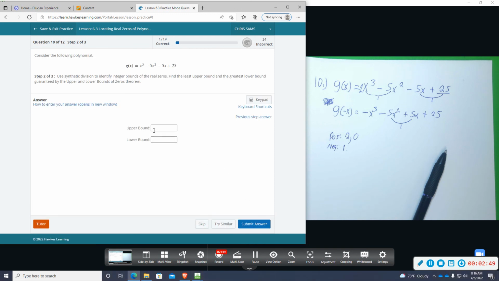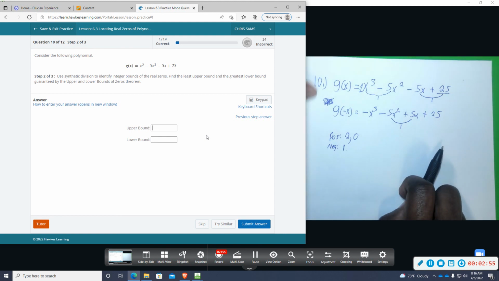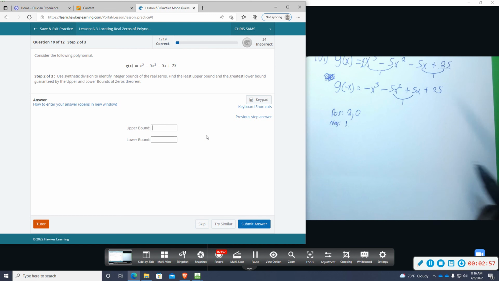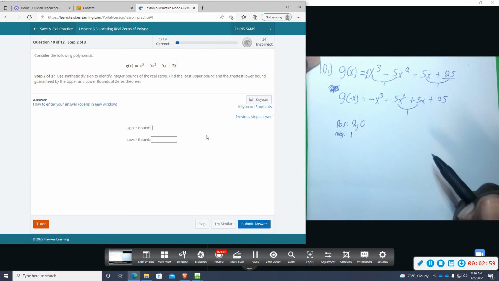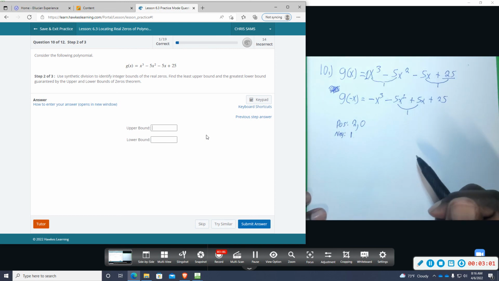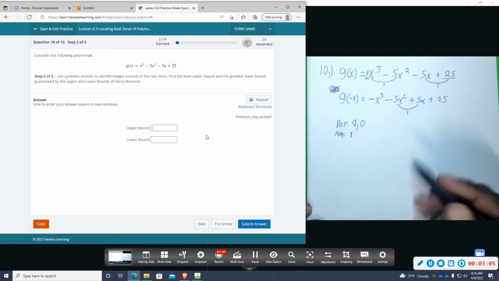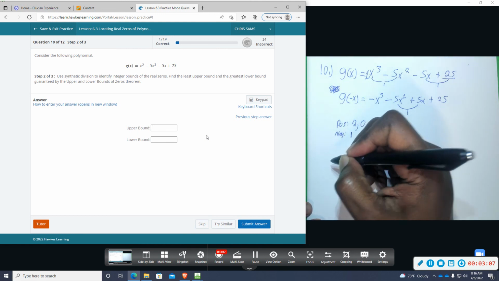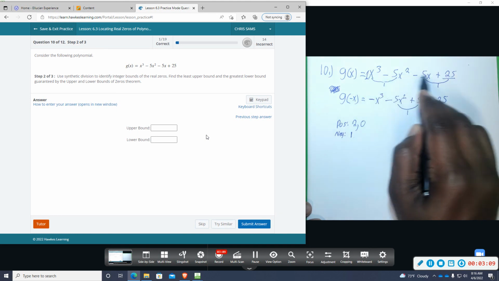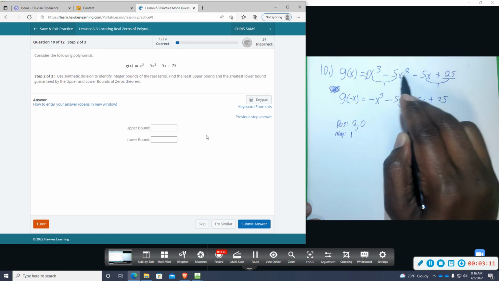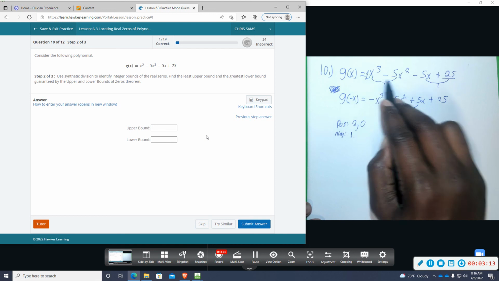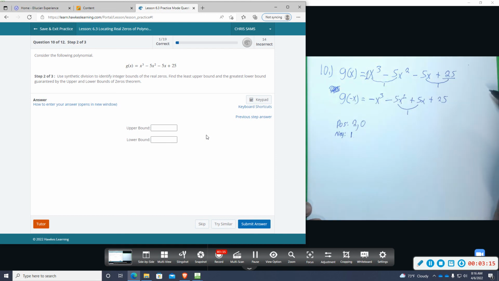All right, so the next part, we want to find the upper bound. You can really pick any number you want and then just backtrack, but be careful because you might do more work if you skip and go too high. So we're going to do synthetic division, and we're going to pick positive numbers to find out which number will give us positives on the last row.